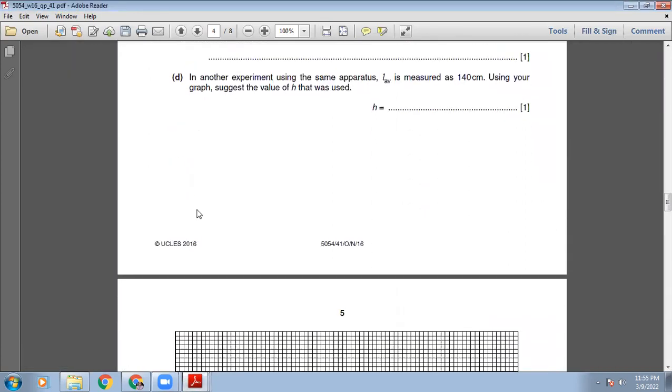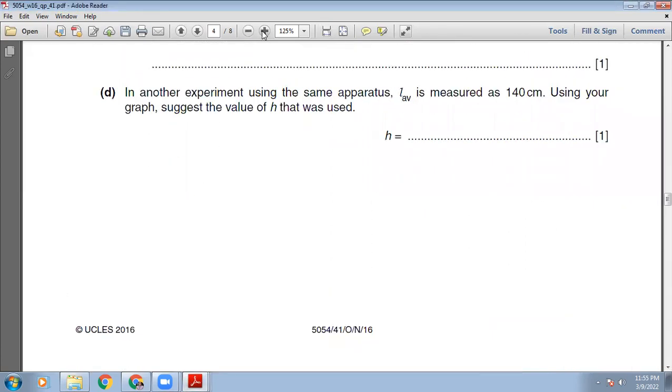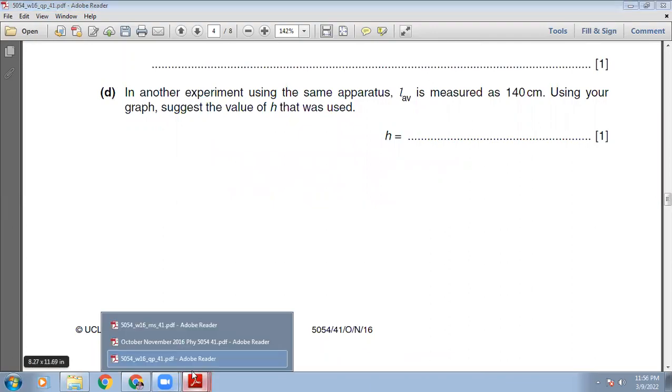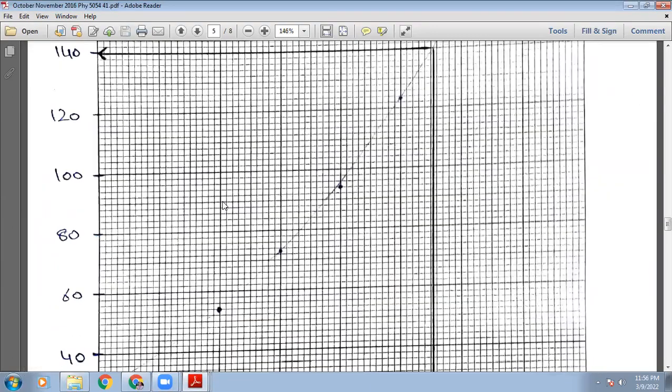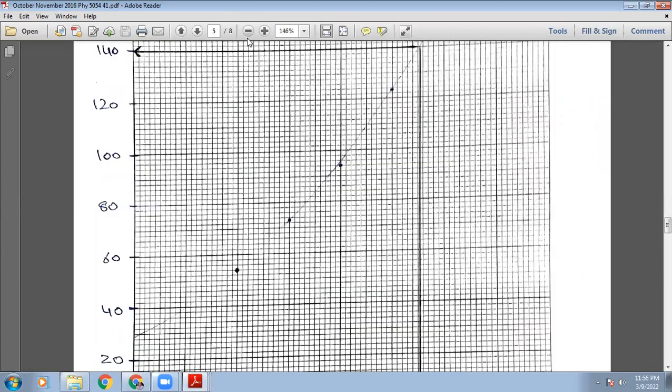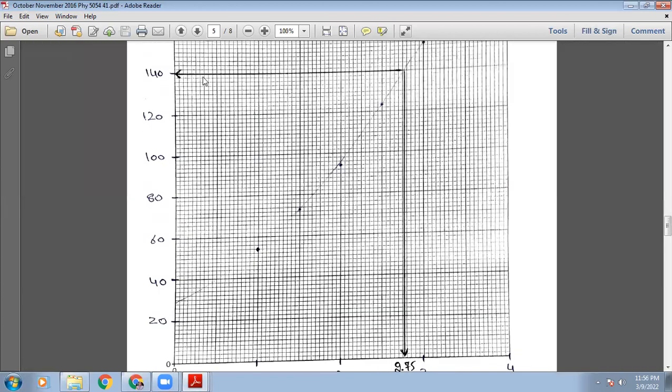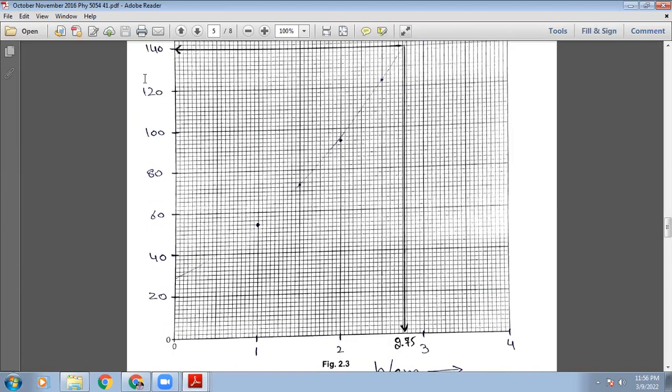Then the next question they are asking is, in another experiment, using the same apparatus, L average is measured as 140 centimeter. Using your graph, suggest the value of H that was used. From the graph which I have drawn, from 140 on the L axis, I come to this graph. He says the L average is this.